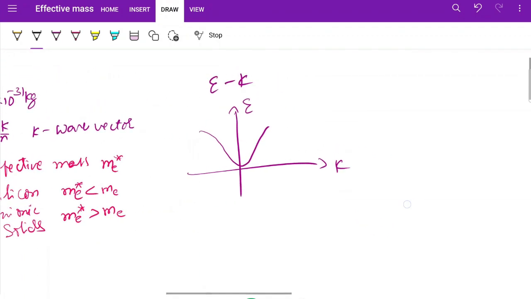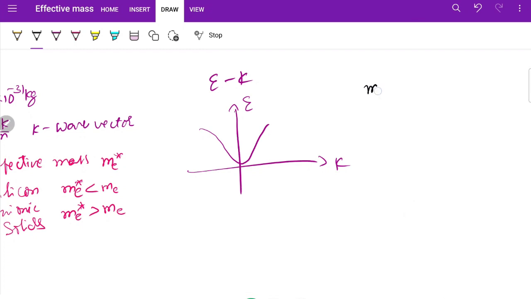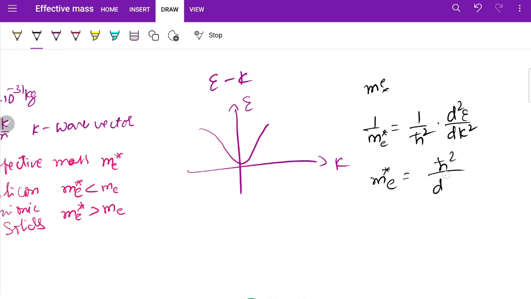So m star is equal to h cut square divided by d square E by dk square.